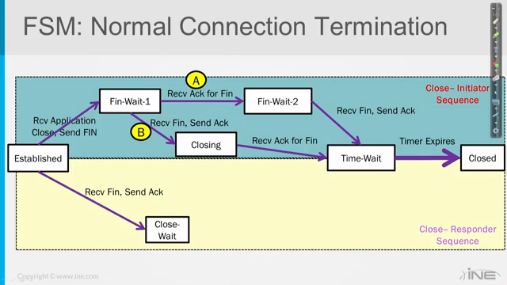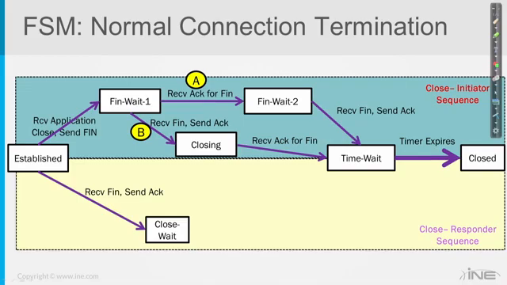Now at this point, TCP has to turn around and talk to the upper layer process and say, hey, that client that you've been exchanging MPEGs or JPEGs or whatever with, he doesn't need you anymore. He's done. He's not going to send any more stuff.